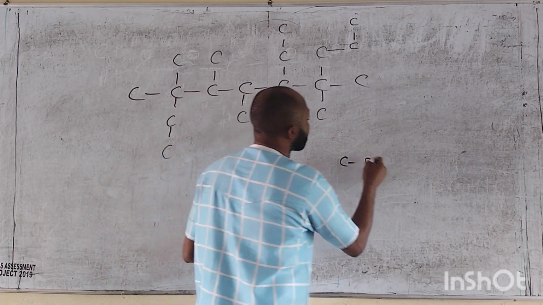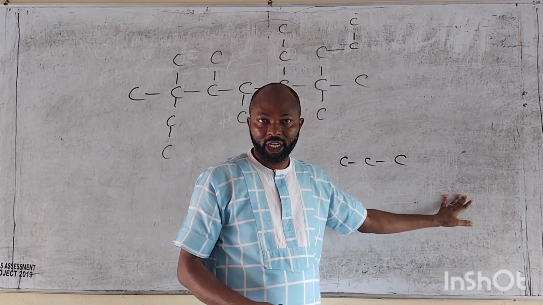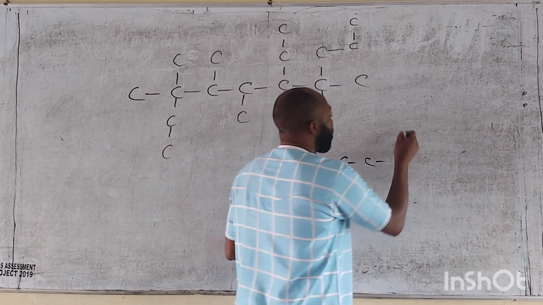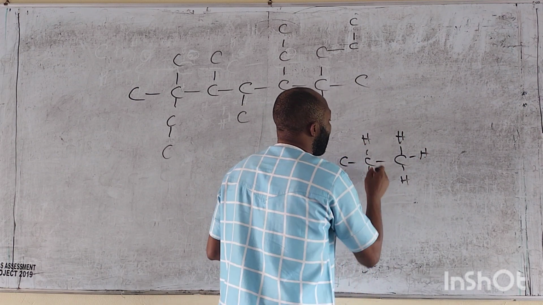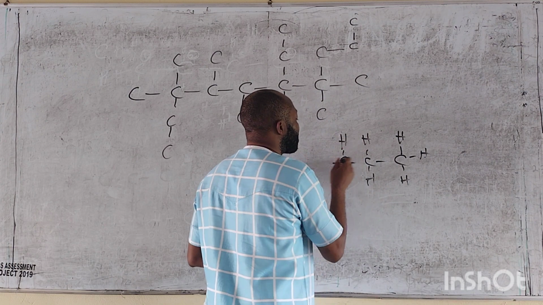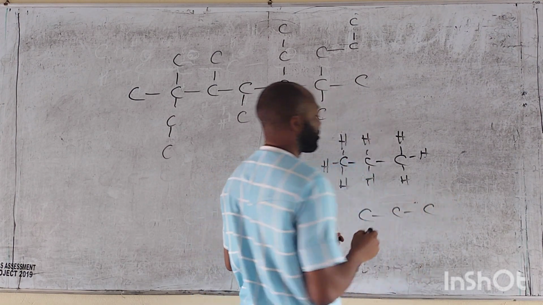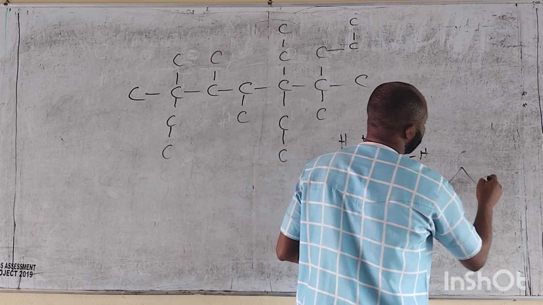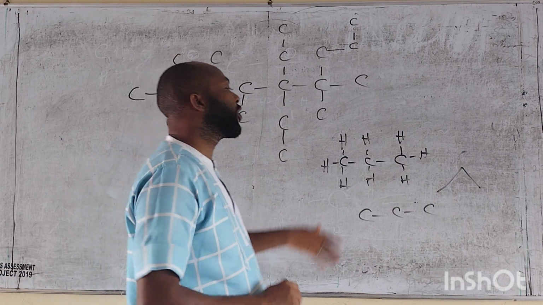If I have this, I don't need to be told that this is propane. It is the same thing when I put my hydrogen here. Now, at the A level, it is not wrong to write it as this, or as this, 1, 2, 3. This is the same thing as propane. But now we have various ways.